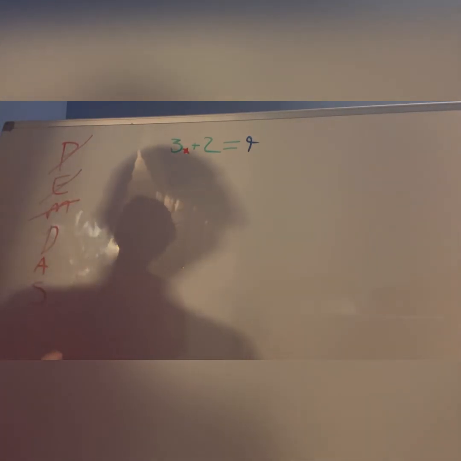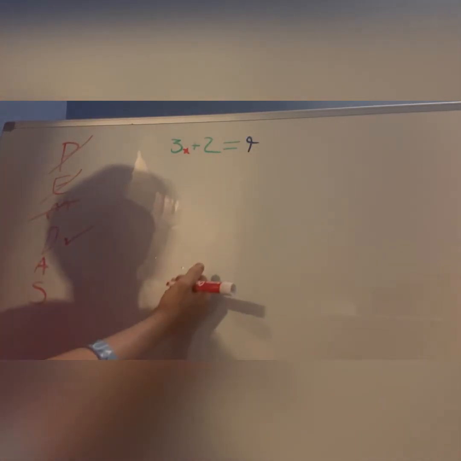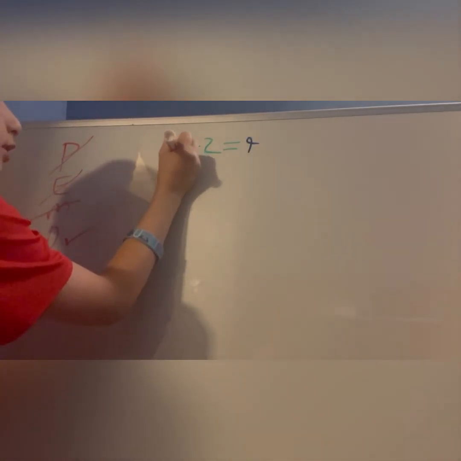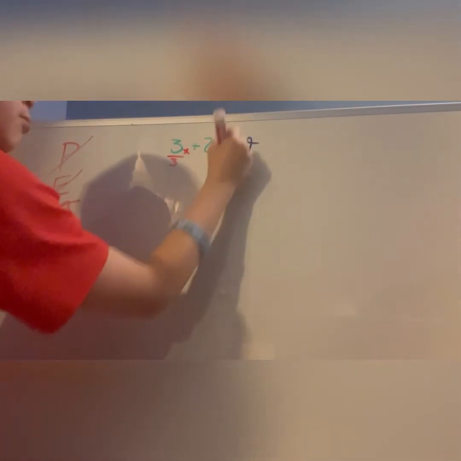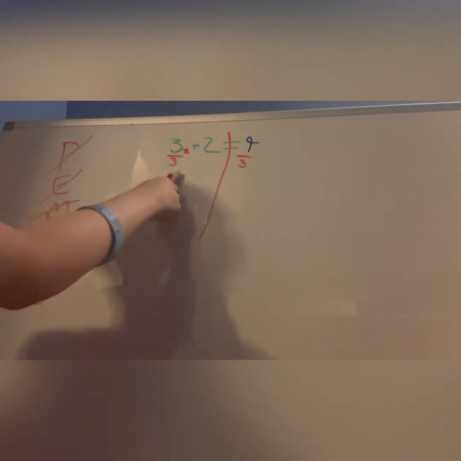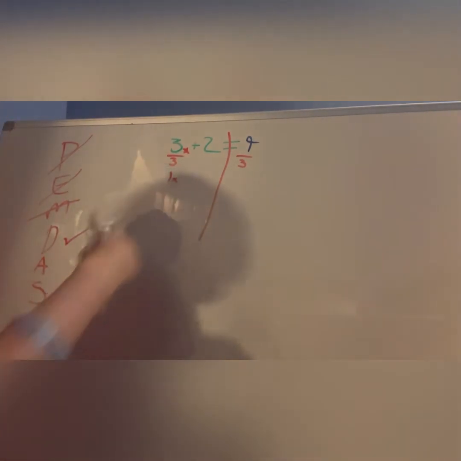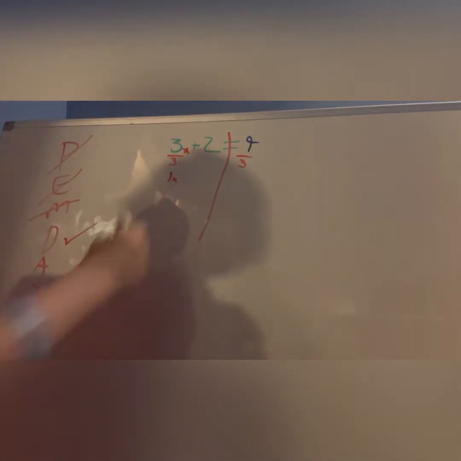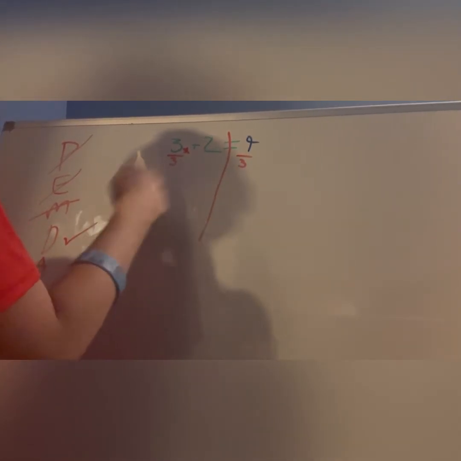Division, yes. What are we gonna divide? 2? No. 3? Yes. We will divide on both sides. So what's 3 divided by 3? It's 1. So now that we got 1x, we can get rid of that.